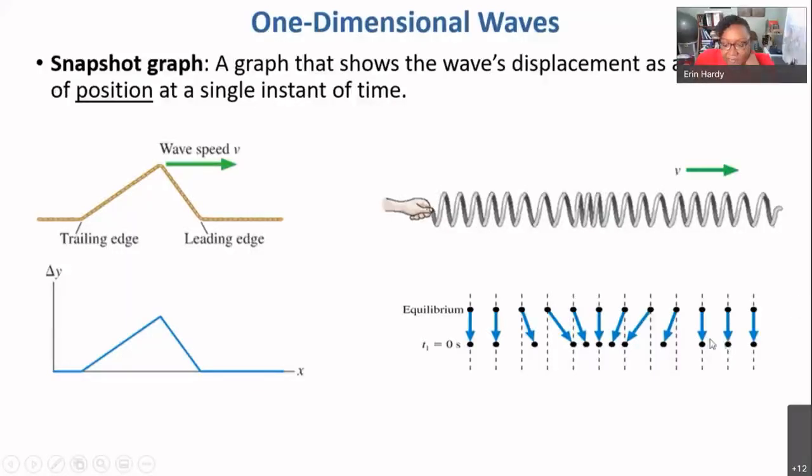So like these points here, the last 3 dots on the right-hand side of our snapshot graph for the spring represent parts of the spring that are just waiting for the disturbance to go through it. The ones on the left end are the ones that have already gone back to equilibrium because the pulse has been through them. And then you've got this section here where all of these particles are grouped closer together than they normally would be.